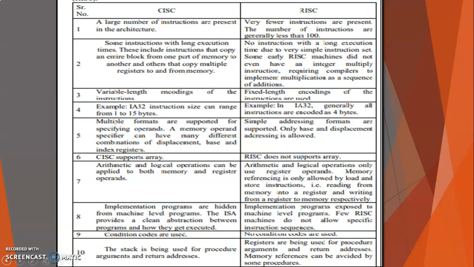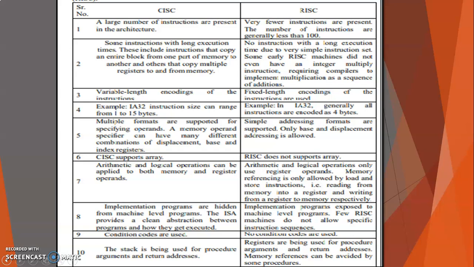CISC: multiple formats are supported for specifying operands. A memory operand specifier can have many different combinations of displacement, base and index register. RISC: simple addressing formats are supported. Only base and displacement addressing is allowed. CISC supports arrays. RISC does not support arrays.